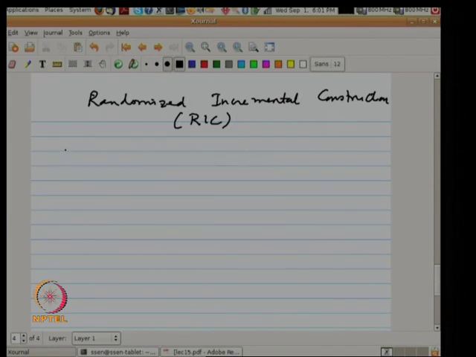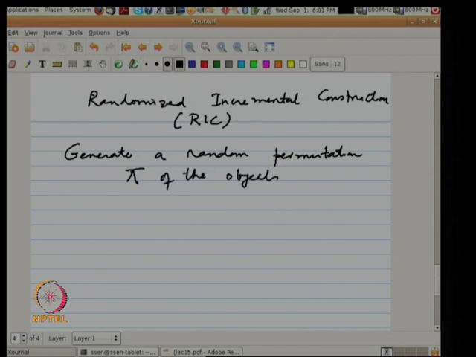The first step is to generate a random permutation pi of the objects. Let us call these objects sigma 1, sigma 2, up to sigma n, and insert them according to pi.